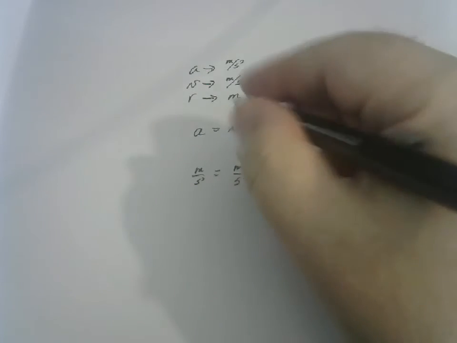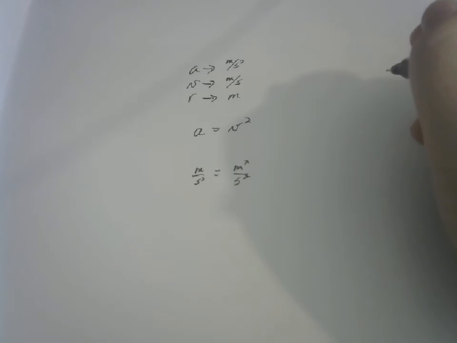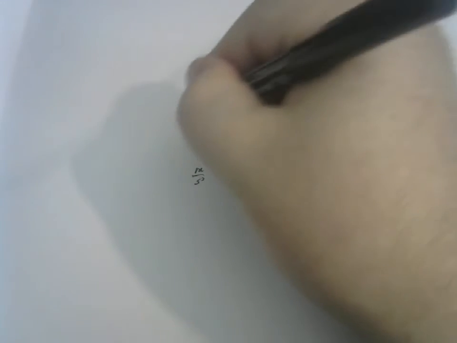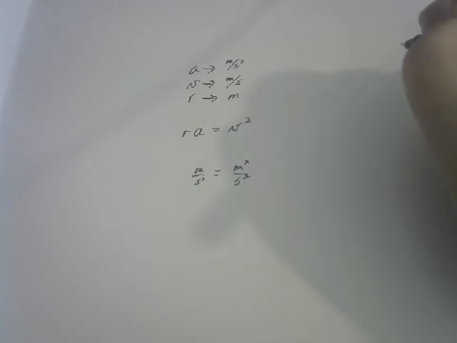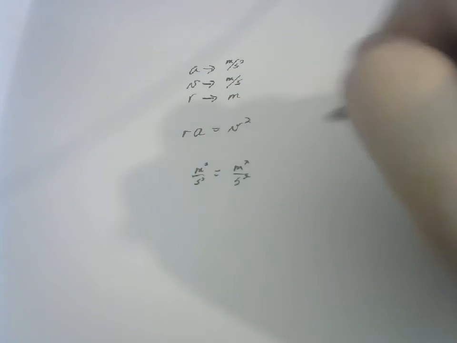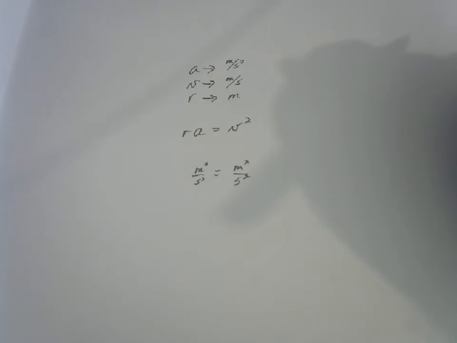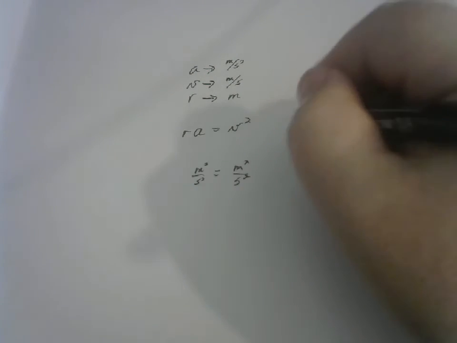What are we going to do with r to get this correct? Well, if we multiply r over here on this side, then we'll have meters squared per second squared equals meters squared per second squared. So the final answer, we can leave it in this form, ra equals v squared.